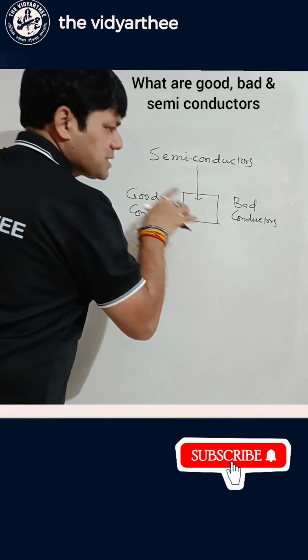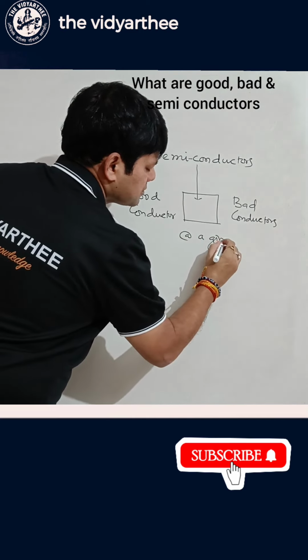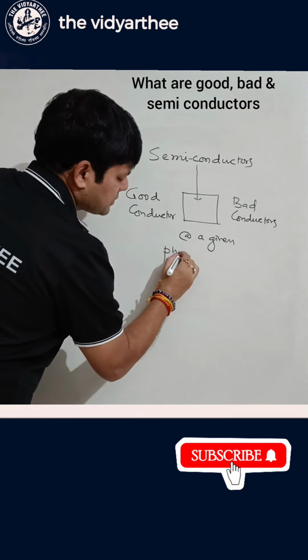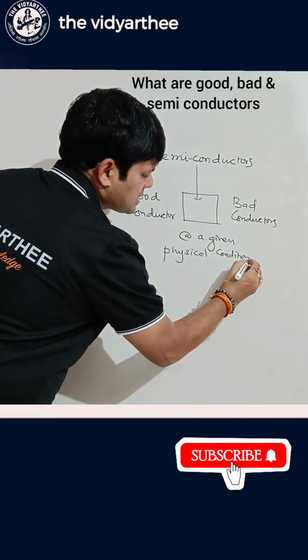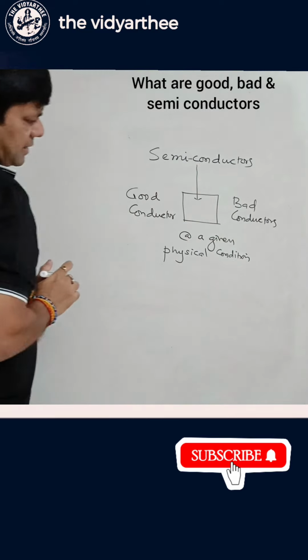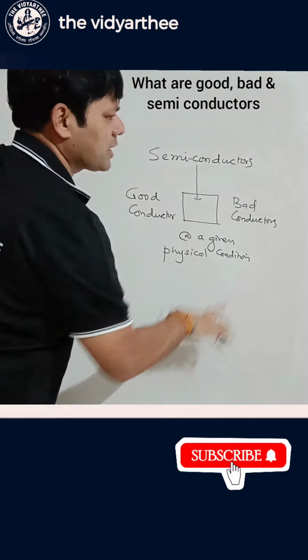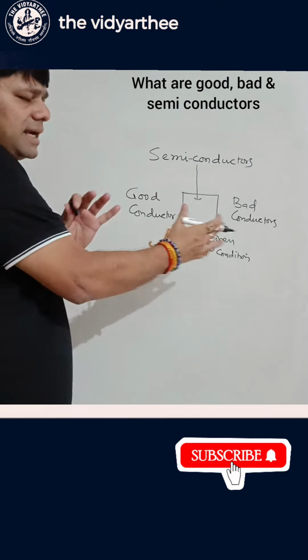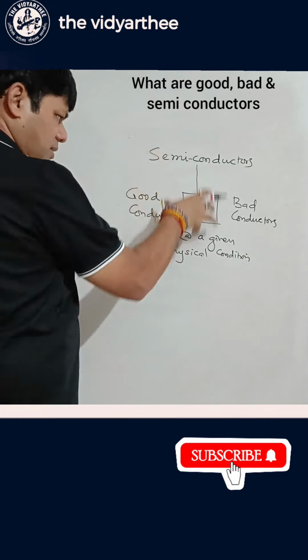It allows the passage of current at a given physical condition. That means the conductivity of a semiconductor lies between a good conductor and a bad conductor. That means it cannot function as a good conductor, but it is not a bad conductor as well. I hope you understand at least this difference between a good conductor, a bad conductor and a semiconductor.